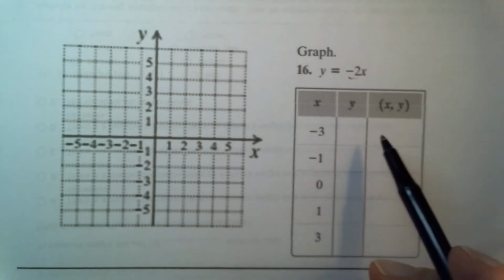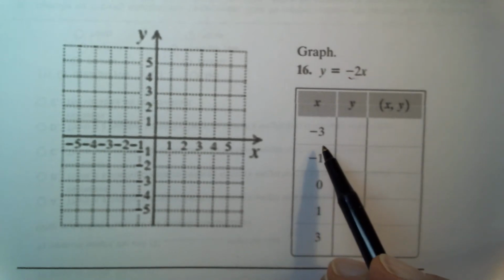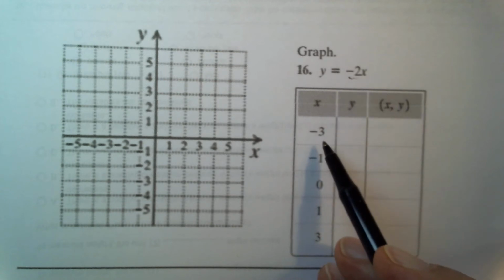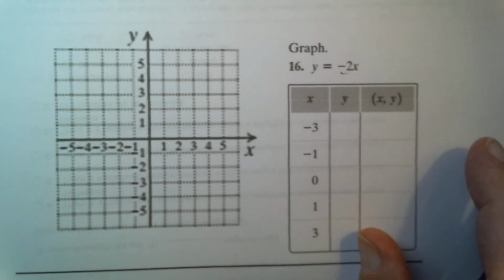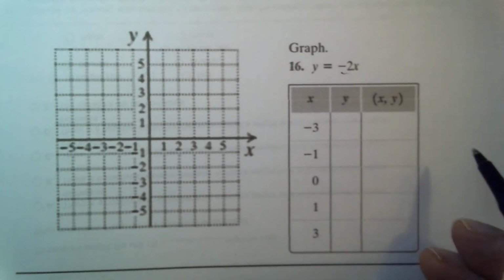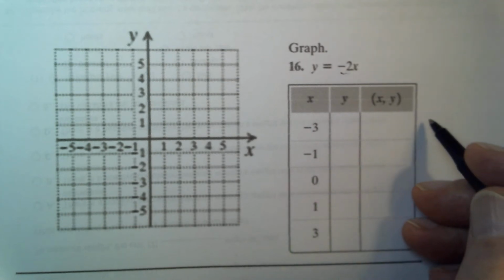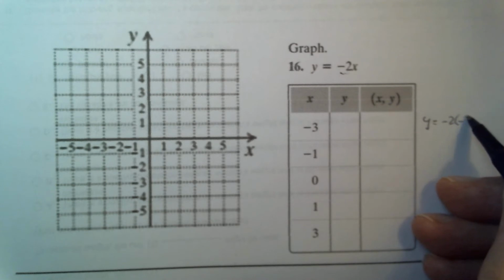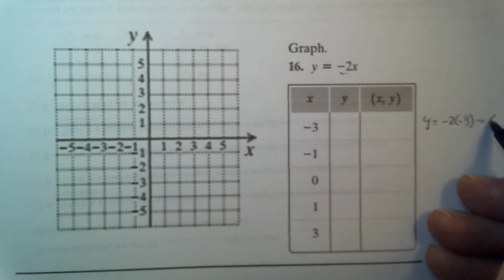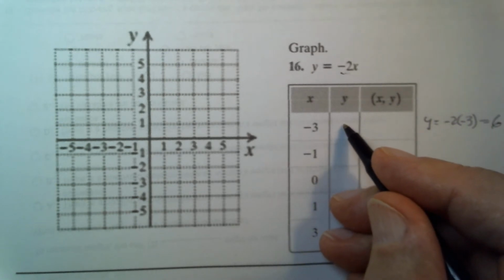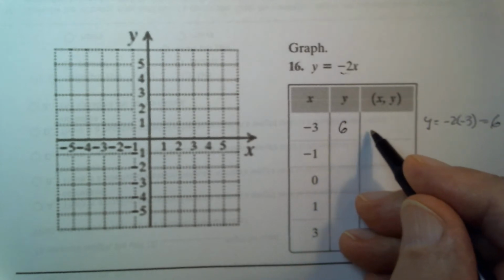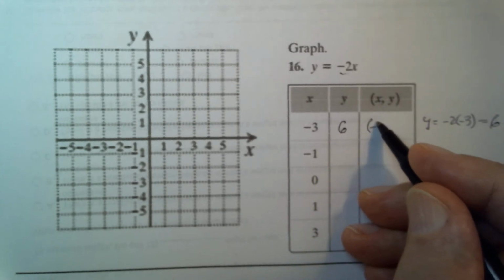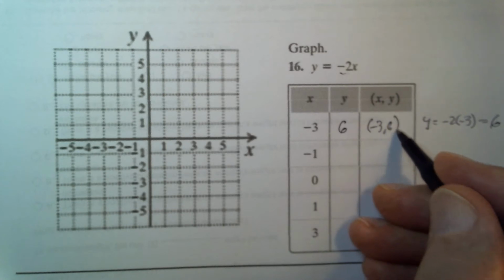So now we just replace the variable x with a given number. So when x is -3, then y equals -2 times -3, and it would be +6. So y is equal to 6. That gives us the ordered pair -3, 6.